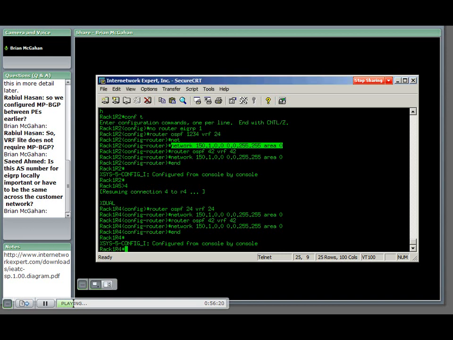And now since we're running this over Ethernet, the timers are going to be pretty slow here. It's going to take about 30 seconds or so to establish adjacency.